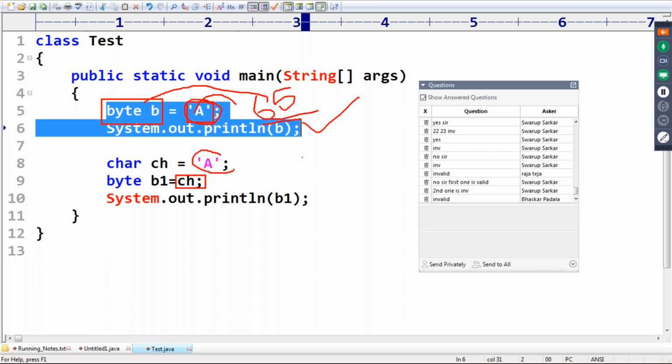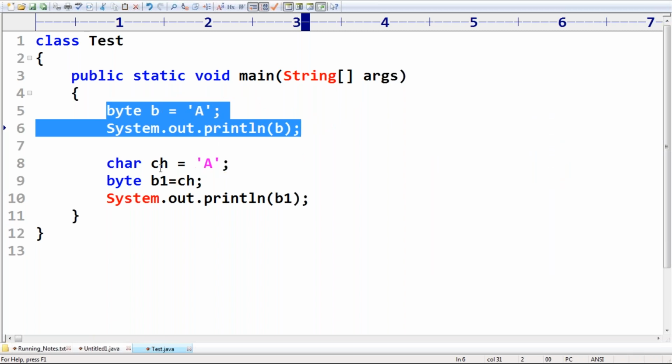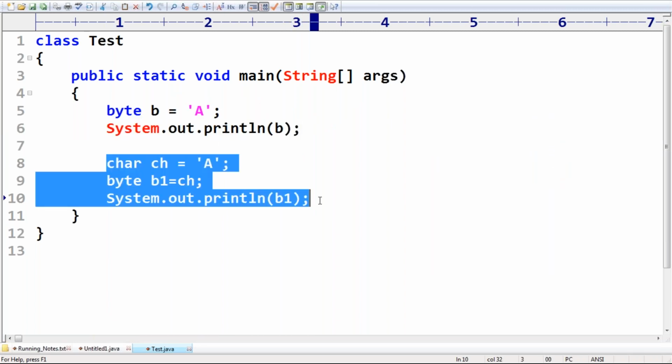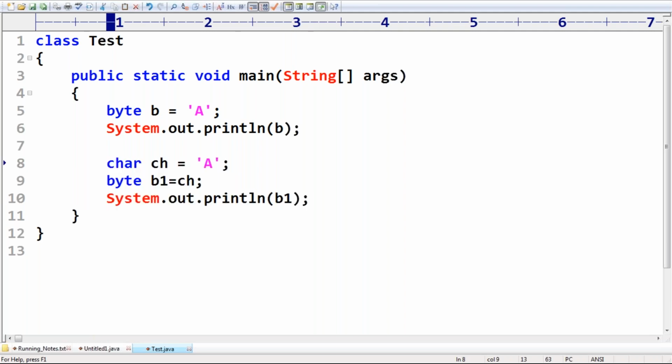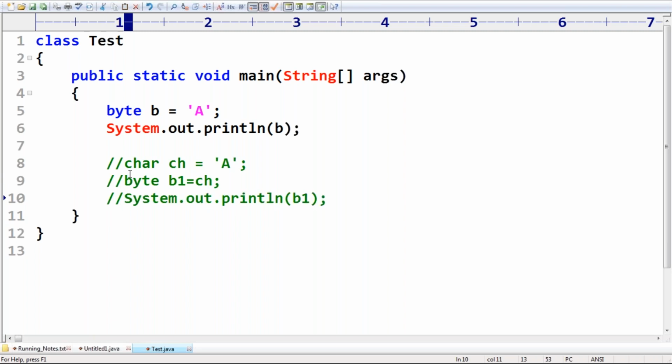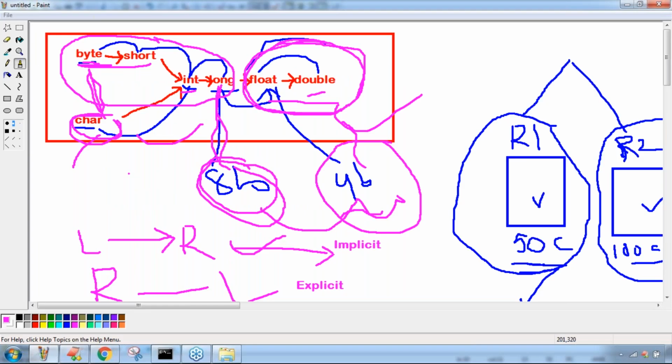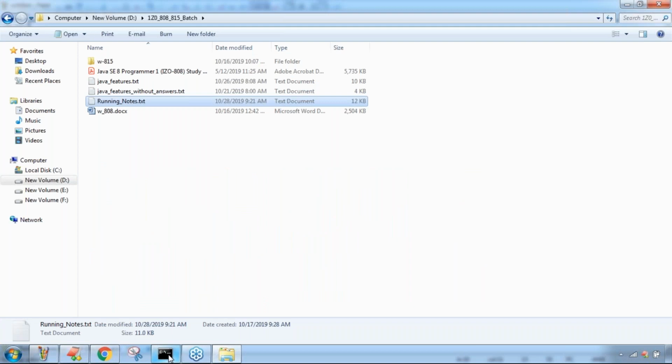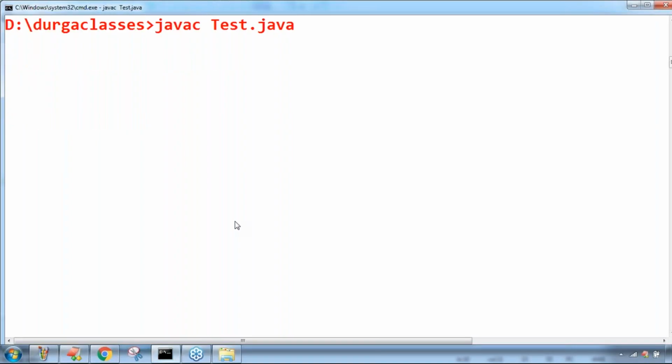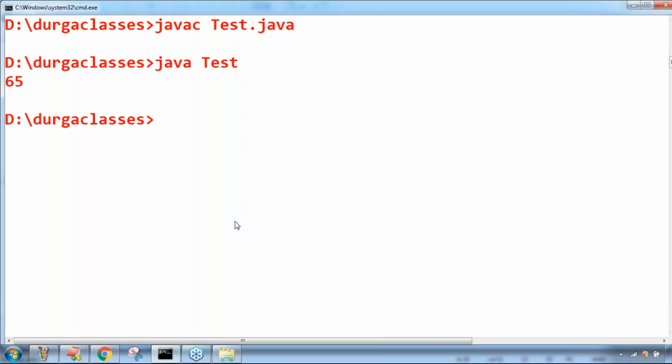It may be anything. So take very special care about this example. Okay, first one perfectly valid.